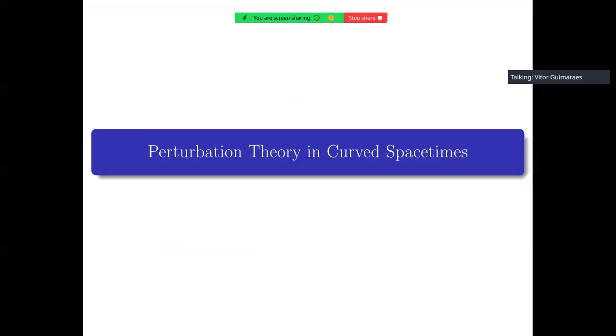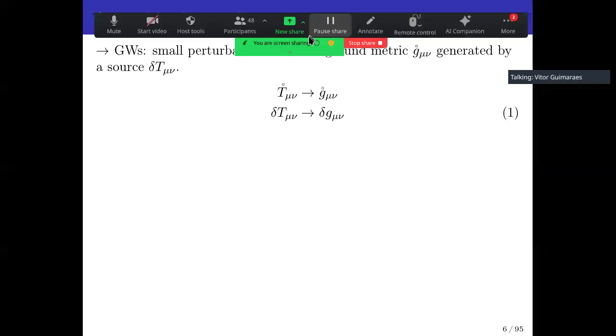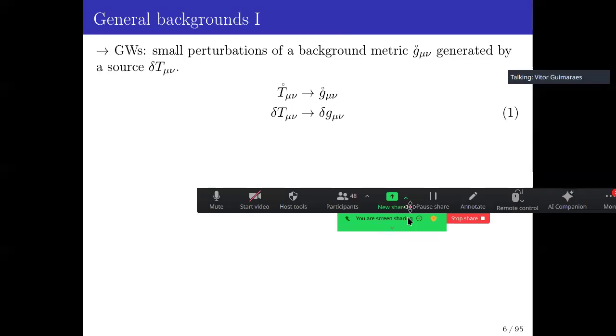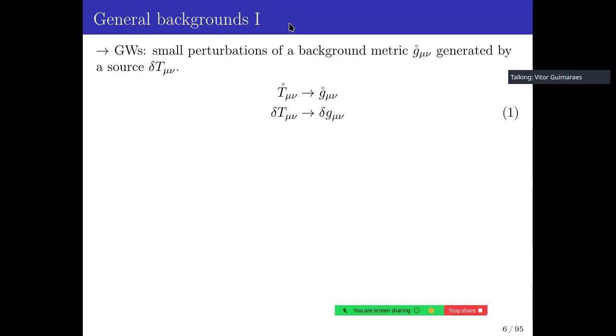So, we're going to talk here about some general backgrounds. What this means is that our background metric is no longer a flat metric.